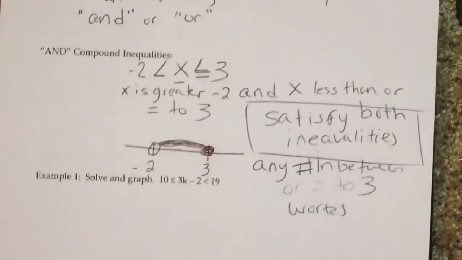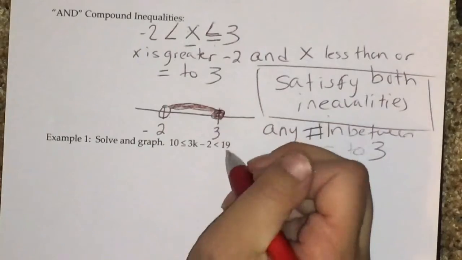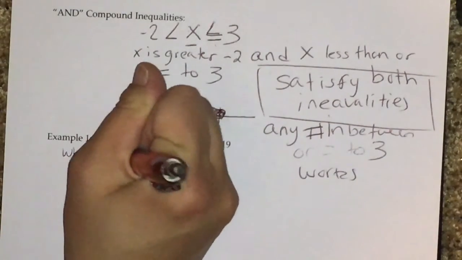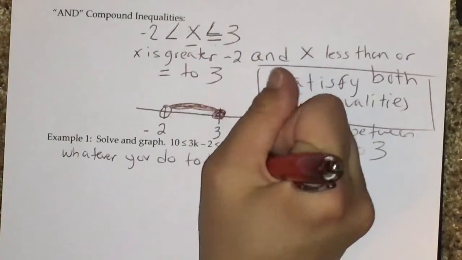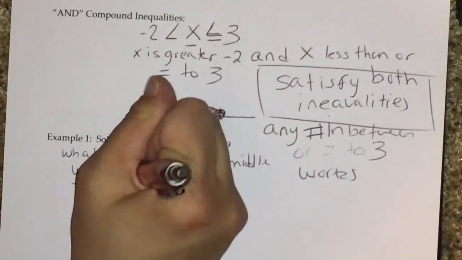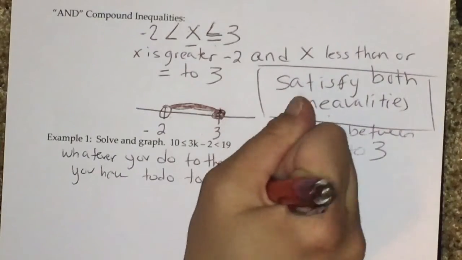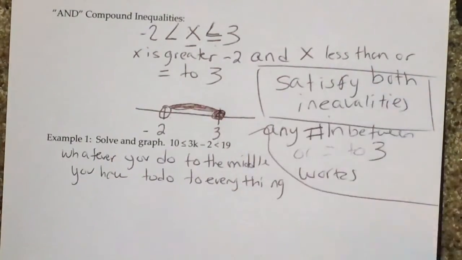Okay, so when you're solving a compound inequality, and it's an and, whatever you do to the middle, you have to do to everything. So you're pretty much solving for the middle is ultimately what you are doing here.